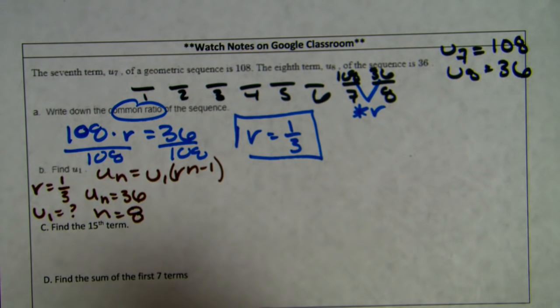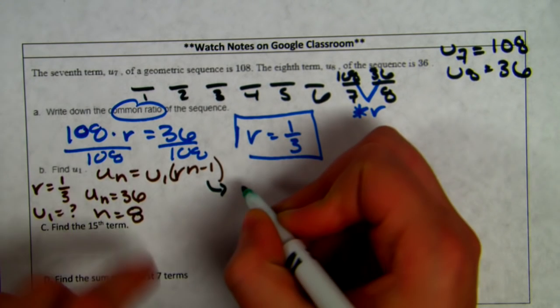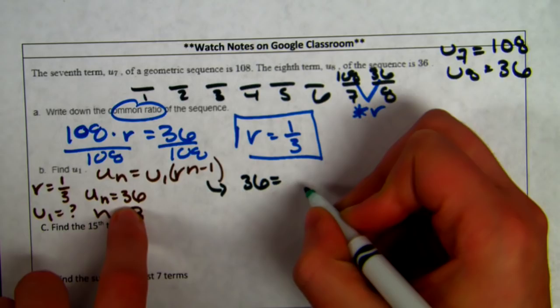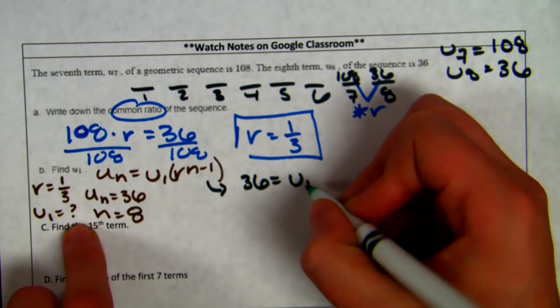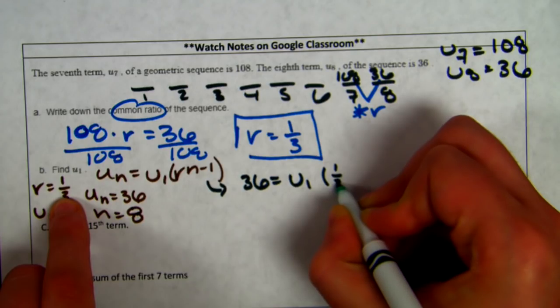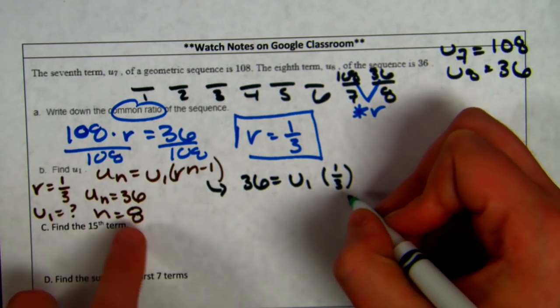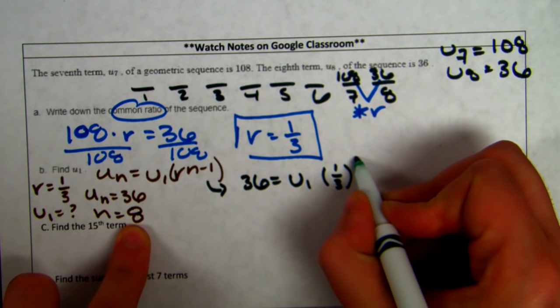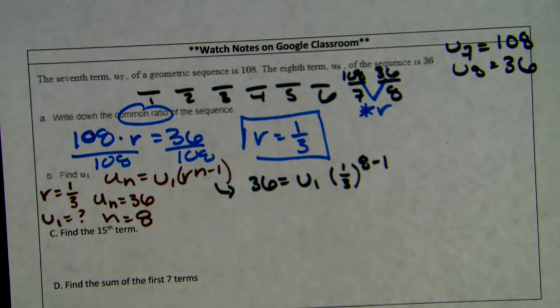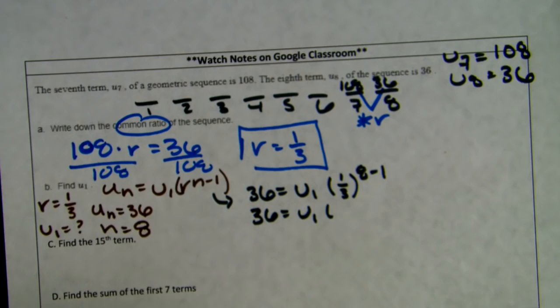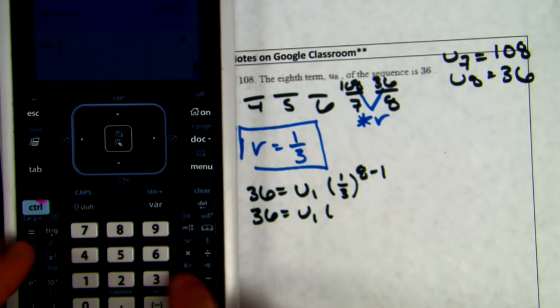If I'm filling in what I know over here, what does un equal? 36 equals u1, which I don't know what that is, times r, which is 1/3, to the power of n, which if I'm talking about 36, that is my 8th term, minus 1. So if I solve this, 36 equals u1 times, let me plug this into my calculator.